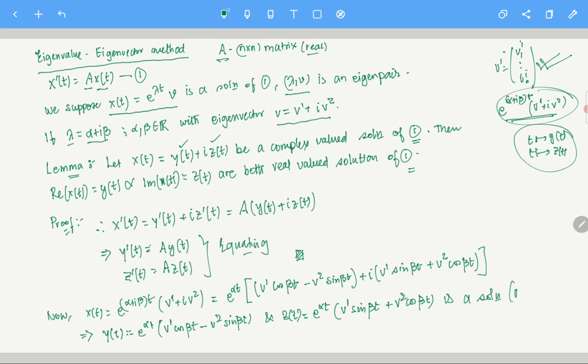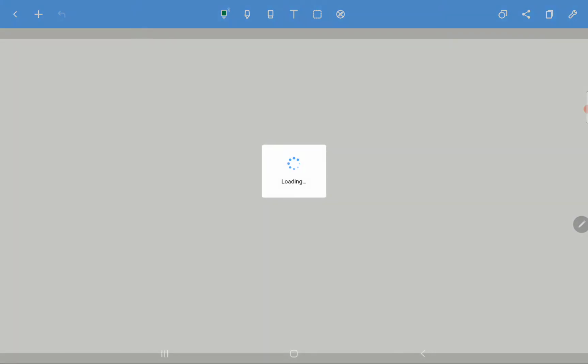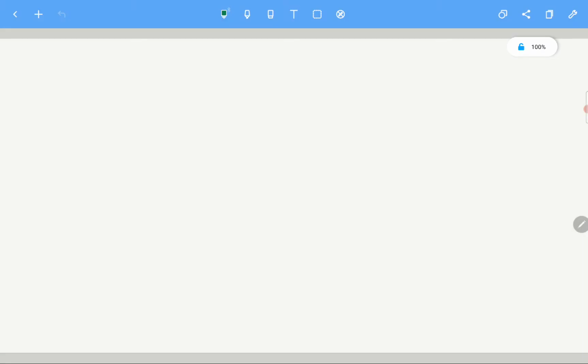What sort of solution is it? A real solution. Please remember this. We are not going to be interested in imaginary solutions. Solutions in our case are always going to be real. Clear? Right. Now let's look at one example and see how we can deal with this kind of case.